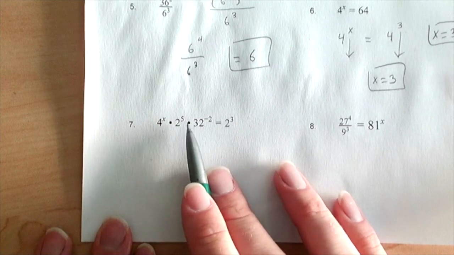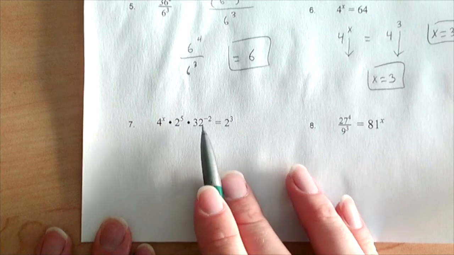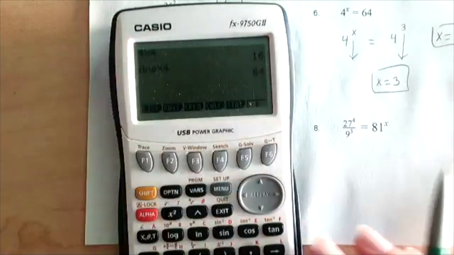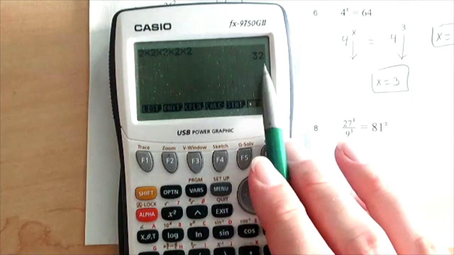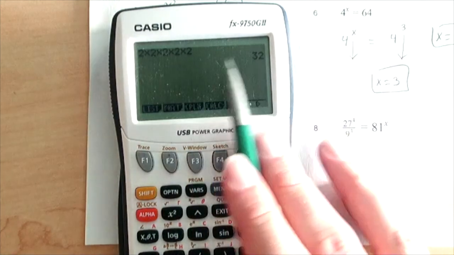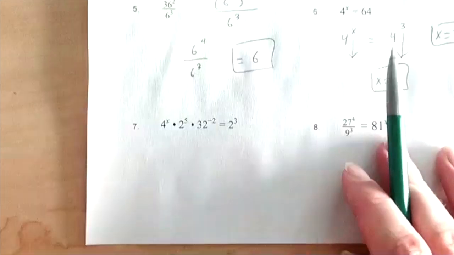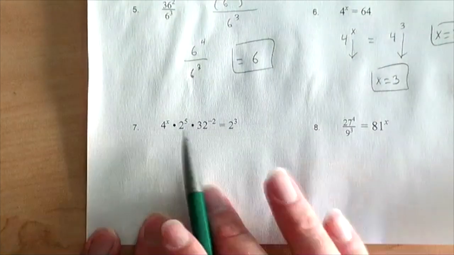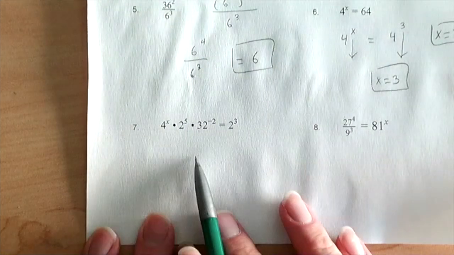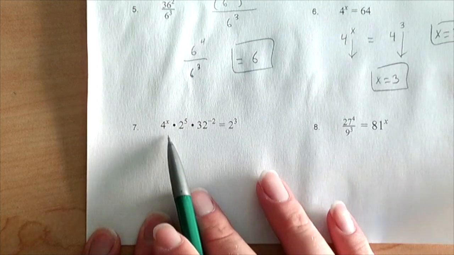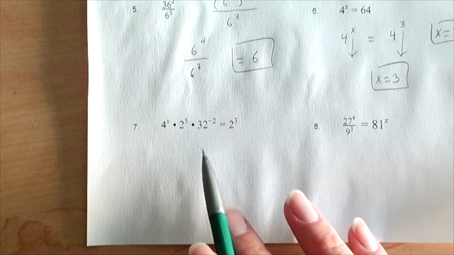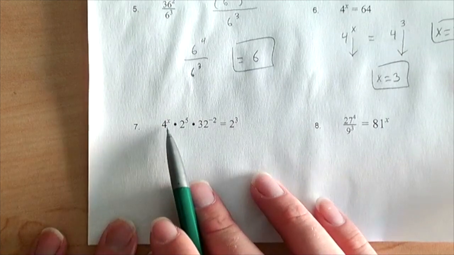It's usually not going to be too hard to figure out what the base number is, but you can always test. But if you can remember that 2 to the 5 is 32, all of these can be turned to 2 to some power, right? So if you're ever trying to solve an exponential, the first thing you do is turn them all to the same base. Let's start with 4 to the x.